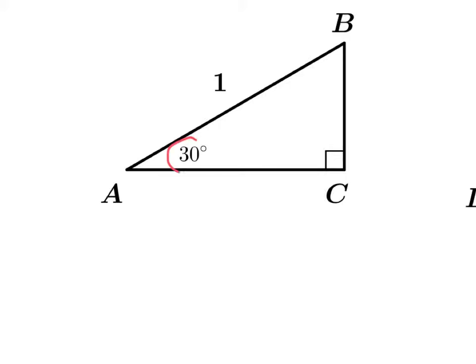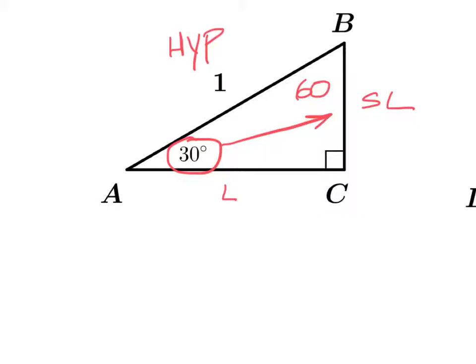This is a 30, 60, 90 right triangle. 30, 60, 90 right triangles are very special. The side opposite of the 30 degrees is the short leg. Of course, this is the hypotenuse. And the side opposite of the 60 degrees is the long leg. You should remember from geometry that to go from the hypotenuse to the short leg, you have to divide by 2.